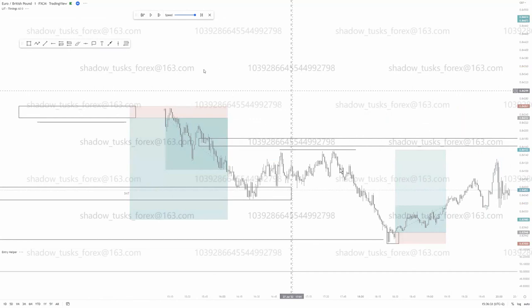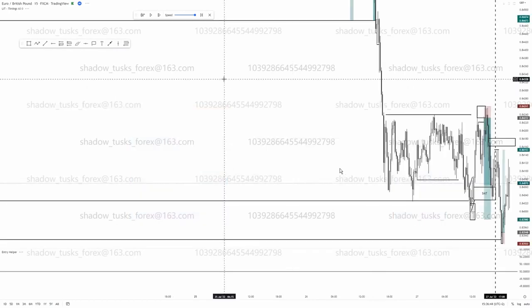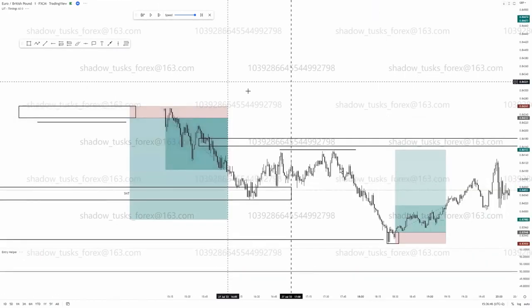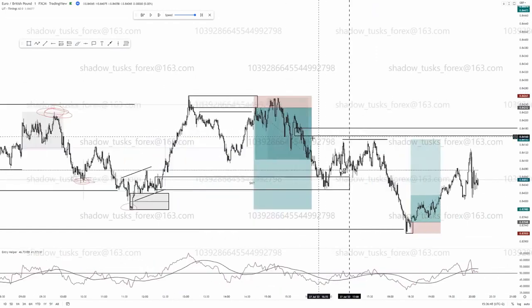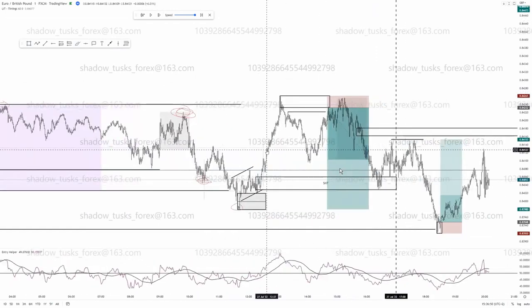Oh, why is it frozen? Why are you doing this to me? Okay, but why can't we go to M1? Okay, yeah. So if this zone lined up with Asia midline, then I would consider it.